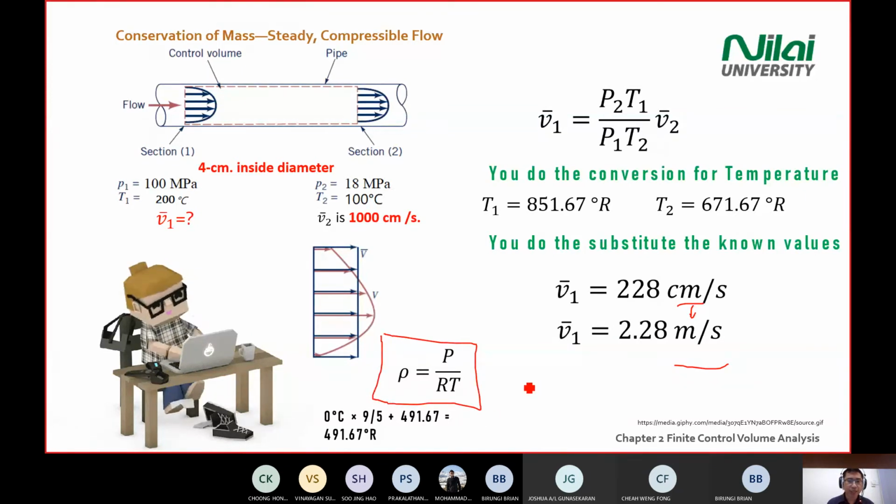So it is P equal to rho RT. Then remember to change to Rankine. And this conversion formula, please copy and then remember it, because in exam this one won't be given. You need to always remember how to convert it.